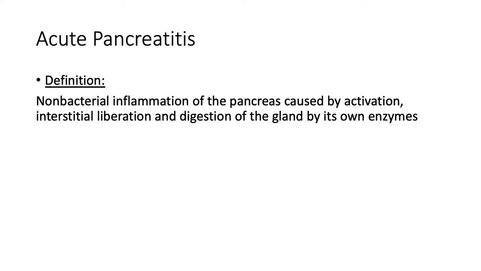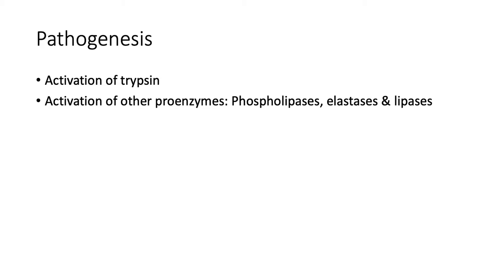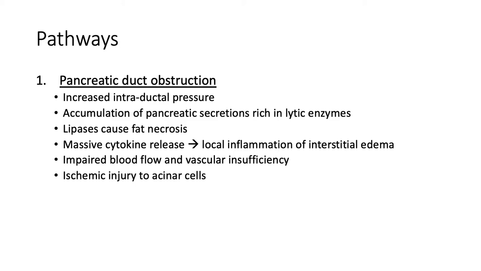So, as we said, the trypsin gets activated by the enterokinases, and the trypsin itself activates the other proenzymes like phospholipases, elastases, and lipase. So here's the first pathway of this activation. We have something called pancreatic duct obstruction. As you know, the pancreas has the main pancreatic duct and the accessory one.